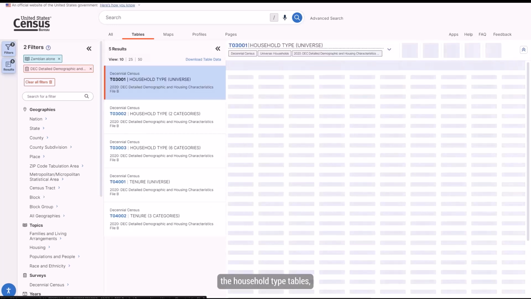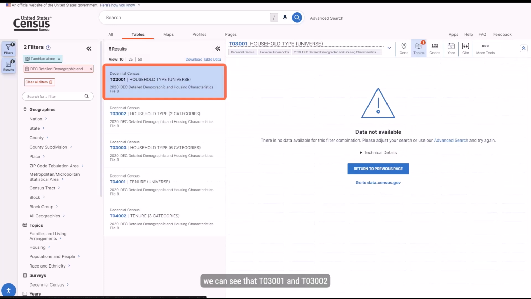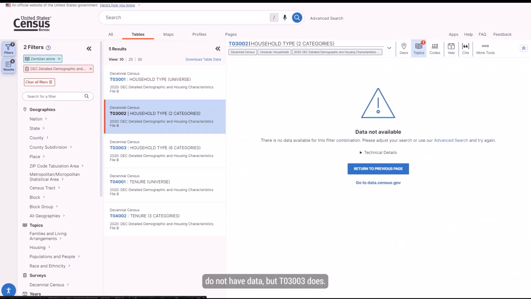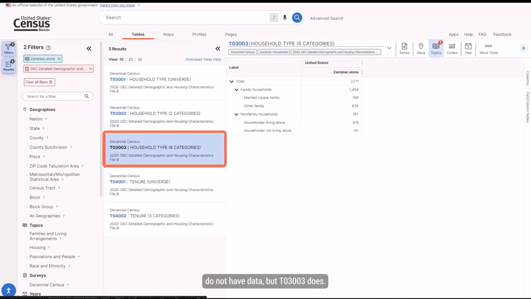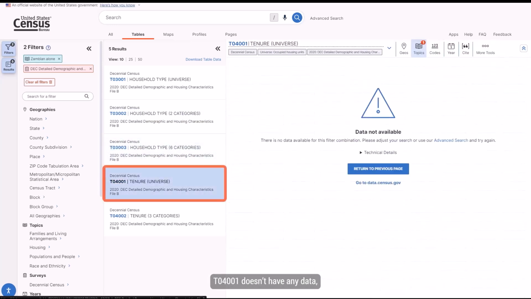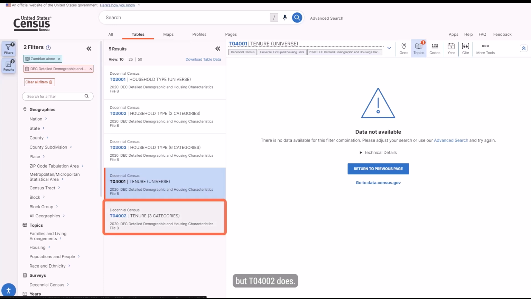If we look through the household type tables, we can see that T03001 and T03002 do not have data, but T03003 does. Then among the tenure tables, as expected, T04001 doesn't have any data, but T04002 does.